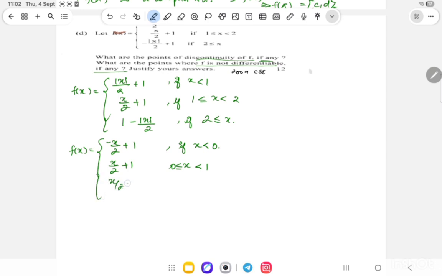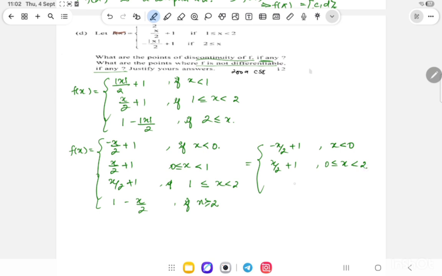Likewise x by 2 plus 1 if x is greater than or equal to 1 but less than 2, and 1 minus x by 2 if x is greater than or equal to 2. So I can write it as minus x by 2 plus 1 if x is less than 0, x by 2 plus 1 if 0 is less than or equal to x less than 2, and 1 minus x by 2 if x is greater than or equal to 2.